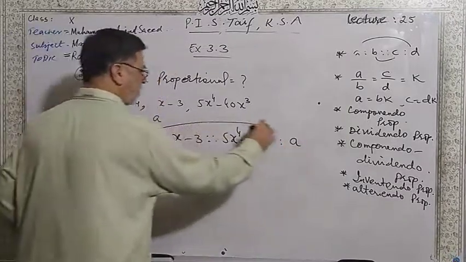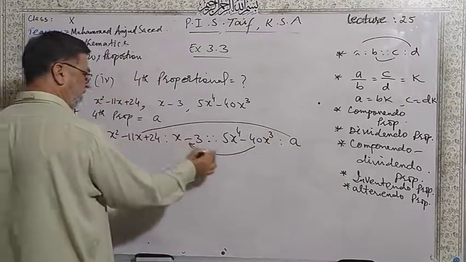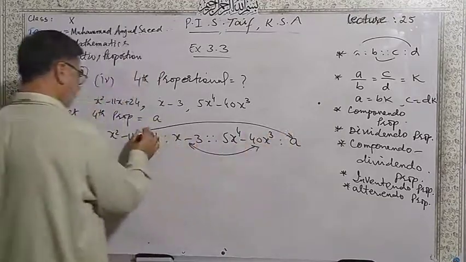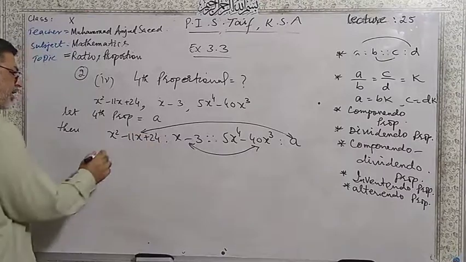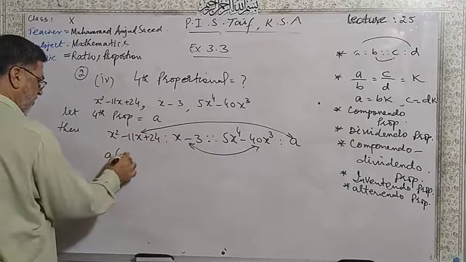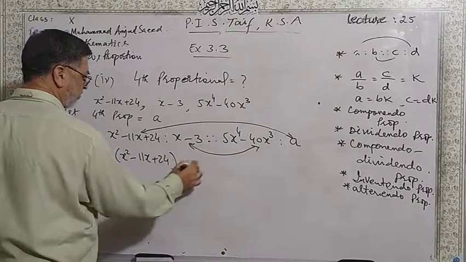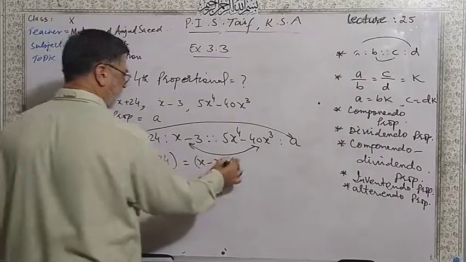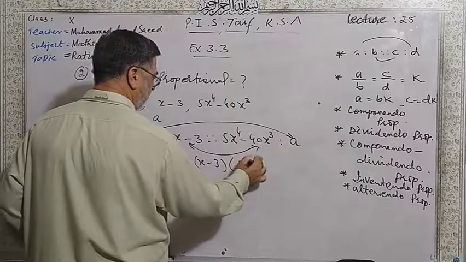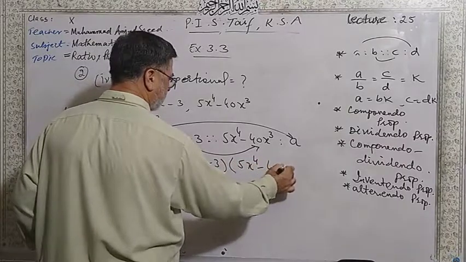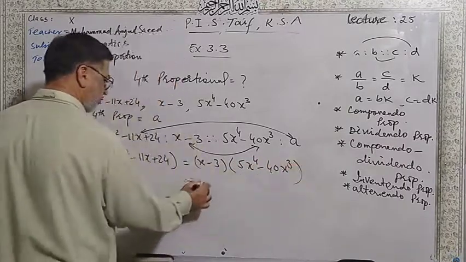Then product of extreme is equal to product of mean. Here you can write down a into x square minus 11x plus 24, that is equal to x minus 3 into 5x4 minus 40x cube.